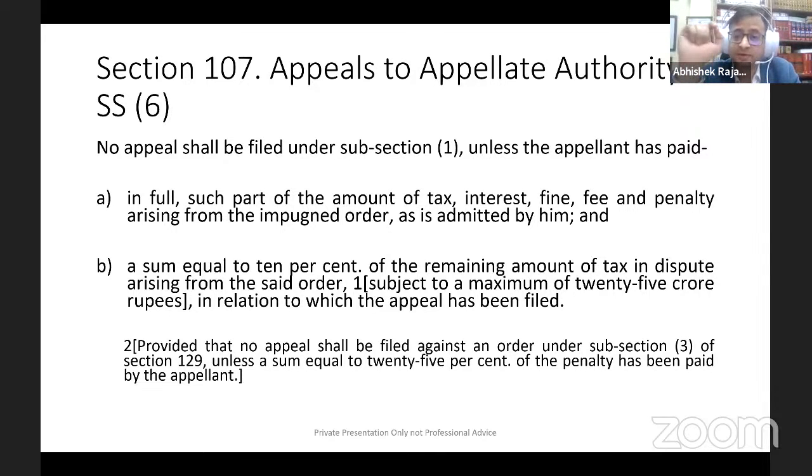So you will pay 10% of that disputed tax, which would be paid in the relevant head in which the demand is there. Let's say the demand is of IGST, then you will pay 30,000 in IGST. Let's say the demand is of CGST and SGST, then in whatever proportion that demand is, you will pay that. Usually CGST, SGST demand might come in 50-50.